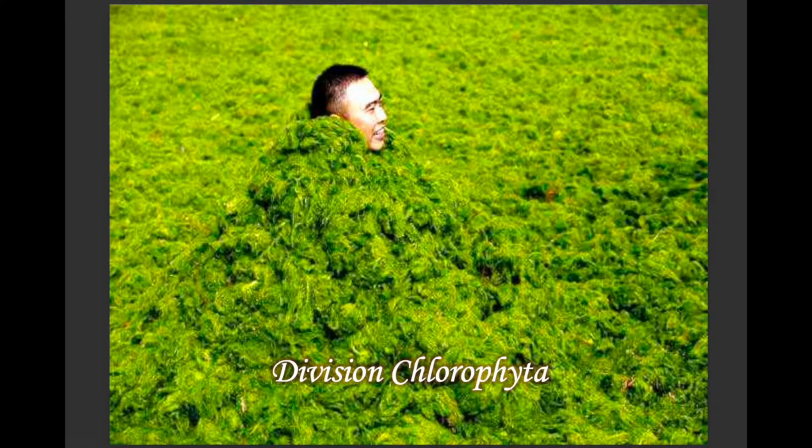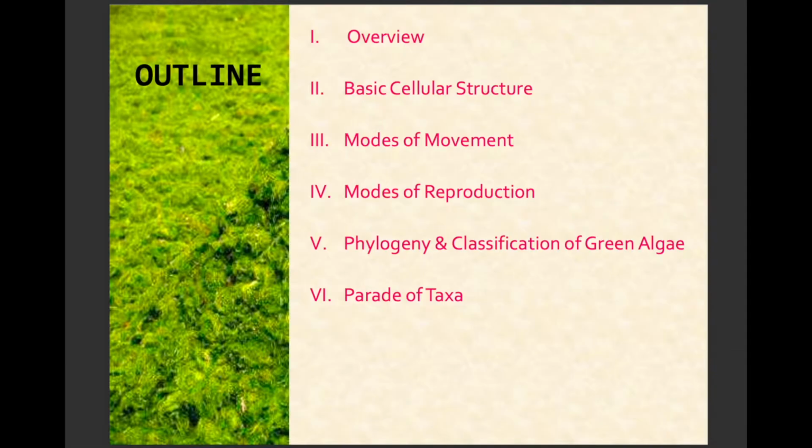So today, we're going to discuss your division Chlorophyta, or your chlorophytes, your green algae. Before we move to that, let's first have the outline of our lecture for today. For our outline, we'll have first the overview of your group, then the basic cellular structure, then the modes of movement of your chlorophytes, then the modes of reproduction.